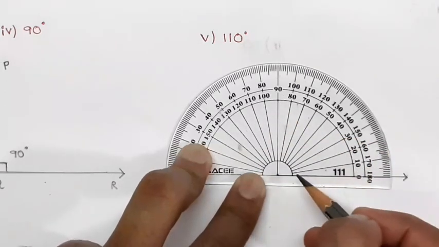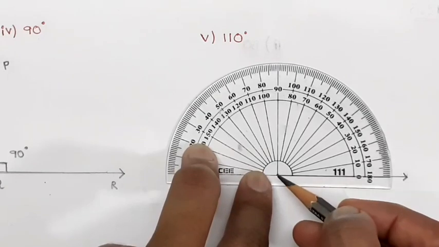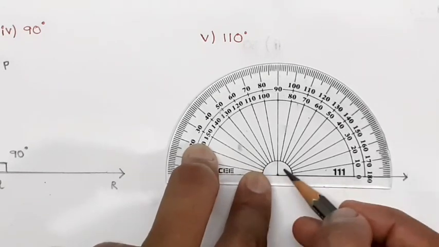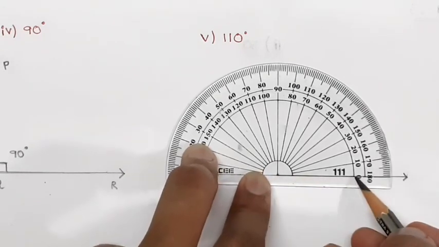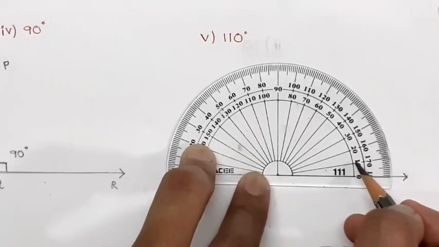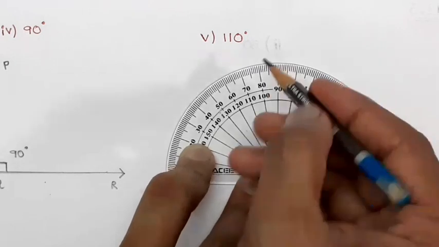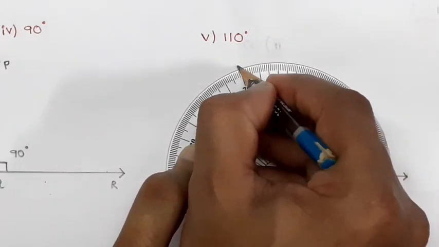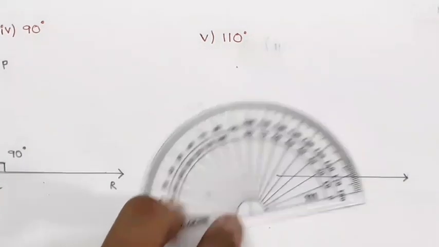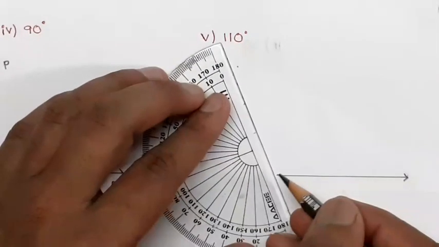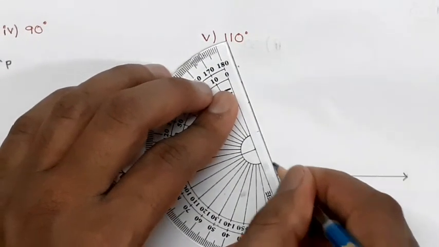Always take, as I am taking, end point left and inner scale. End point left and inner scale. So 0, 10, 20, 30, 40, 50, 60, 70, 80, 90, 100 and 110. So mark the point at 110 and join this end point and the point that has come.